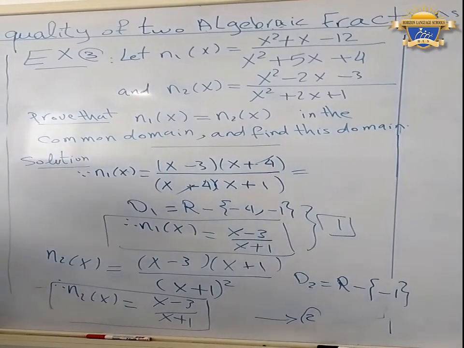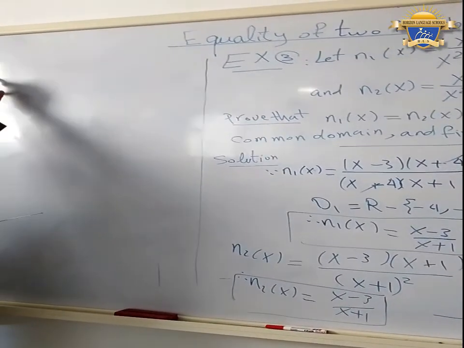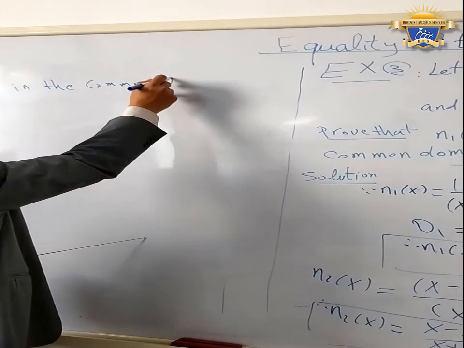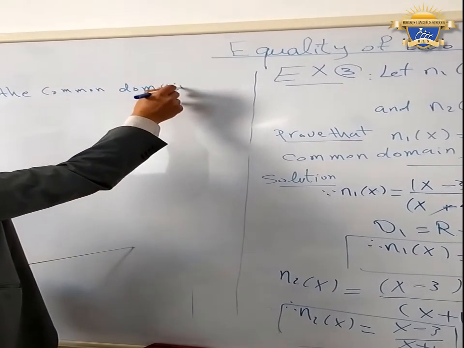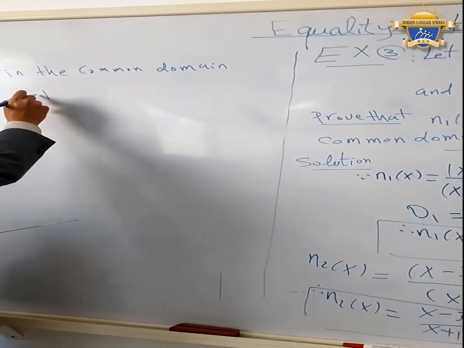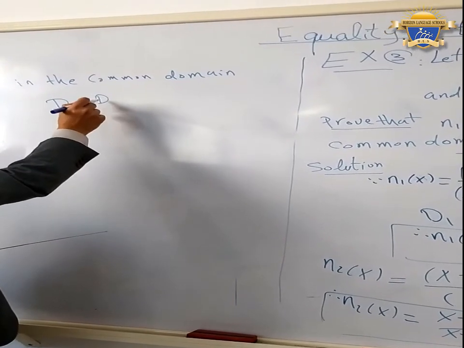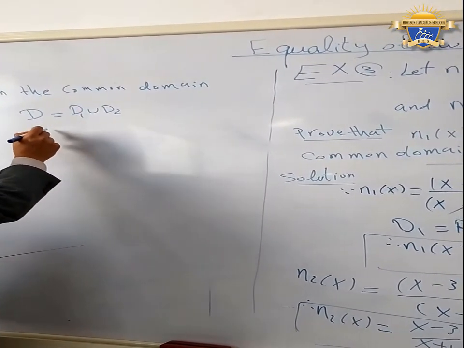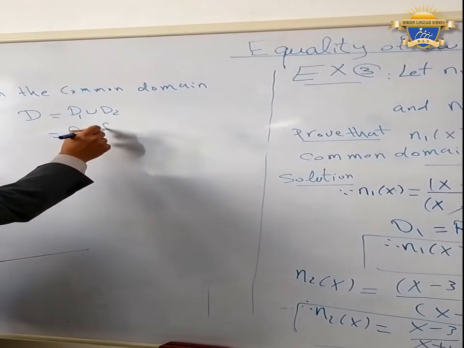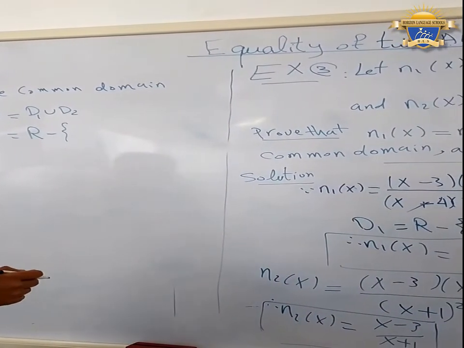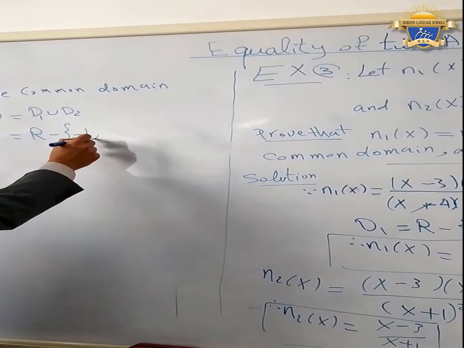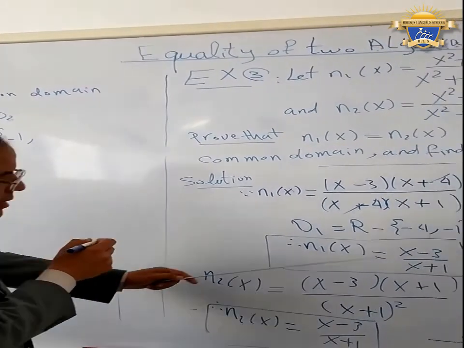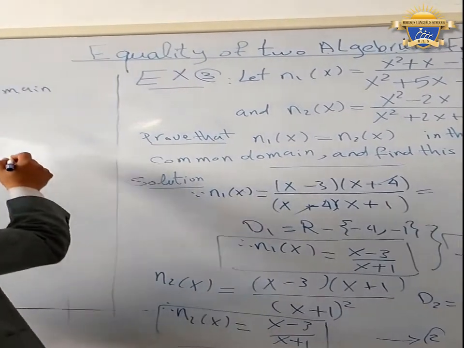Then, in the common domain, which is D equals D1 union D2, equals R minus {negative 1, negative 4}.